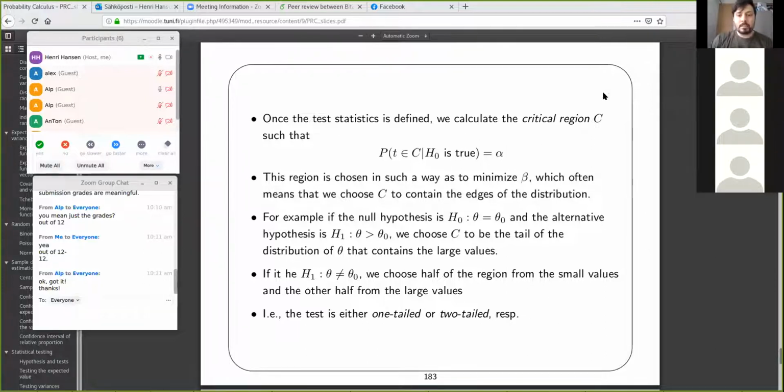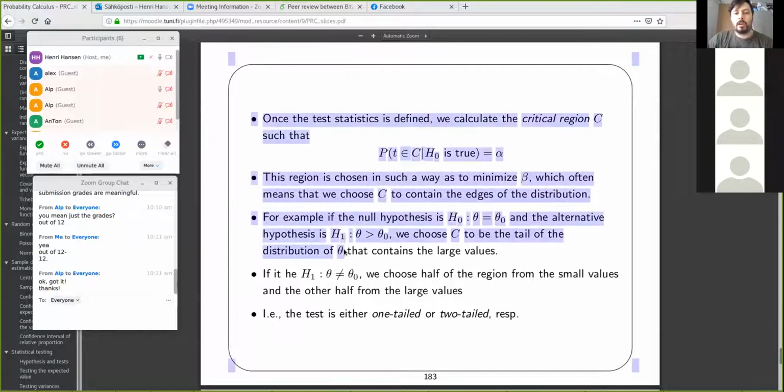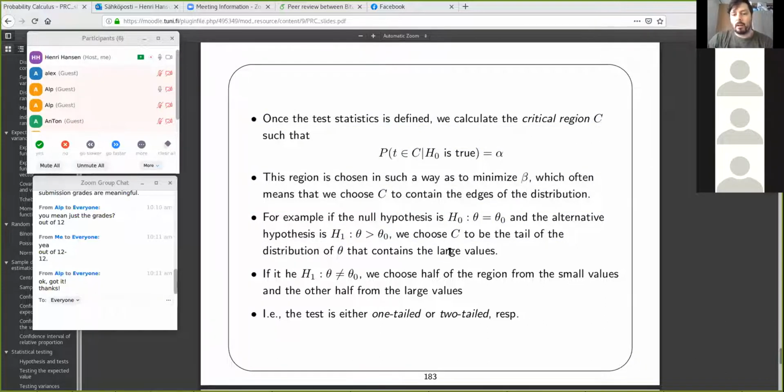So for instance, if the null hypothesis is that the expected value or the variance or whatever the parameter has a certain predetermined value, and the alternative hypothesis is that in fact it is bigger than this, we choose as our critical region the tail of the distribution that contains the larger values.